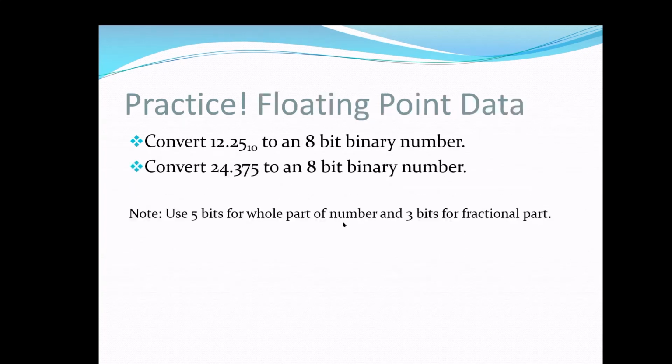Okay. Here's the floating point type where you have a fractional component. And you can actually go through and do this process, and it's the same thing. You could do the fractional part and the whole part with that. The calculator doesn't support the fractional part separately.